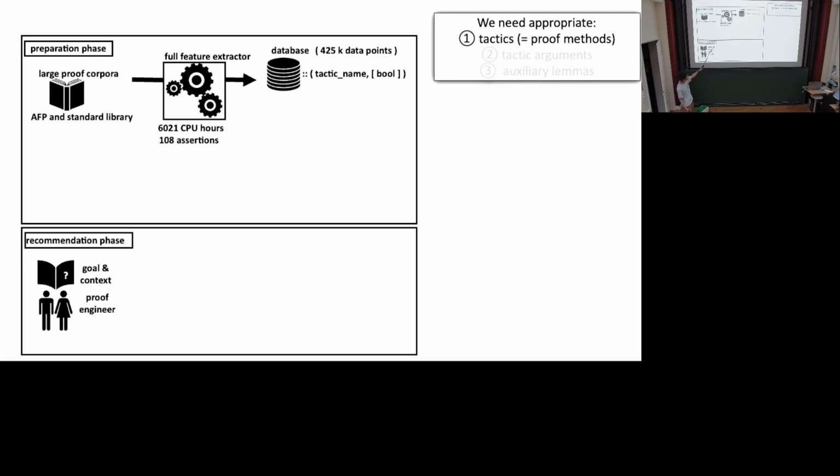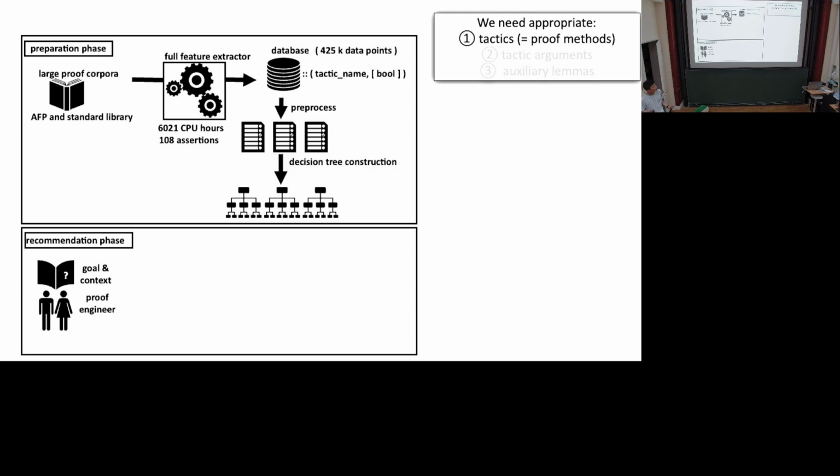So the output becomes like this. It's a pair of tactic name tagged with an array of Boolean values. This is a much simpler data structure, which even a simple machine learning algorithm can handle. In my case, I chose to use decision tree construction algorithms because they are easy for me to implement, and they give us more explainable, more interpretable results.